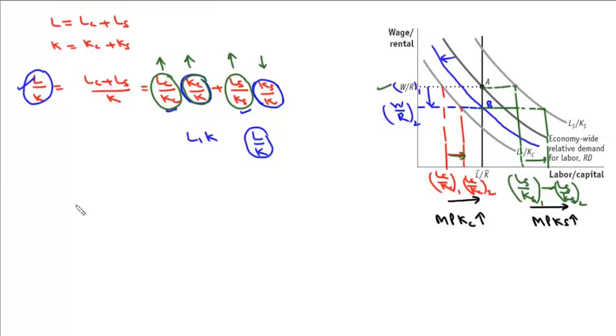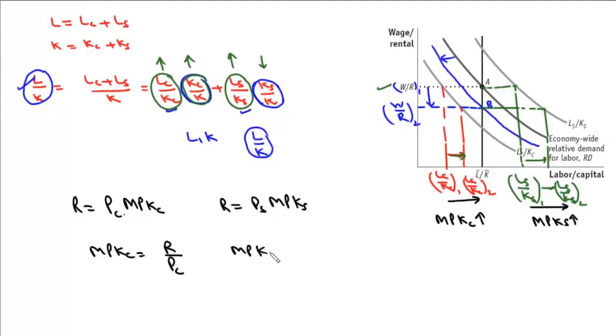And we know that rental is given by price into marginal product of capital. So it is R equals PC into MPKC, and the same way we can write this R as PS into MPKS. From here we can write MPKC is R upon PC and MPKS is R upon PS.